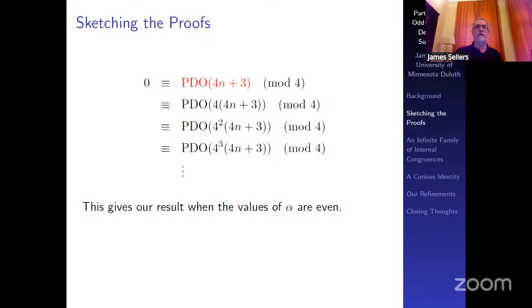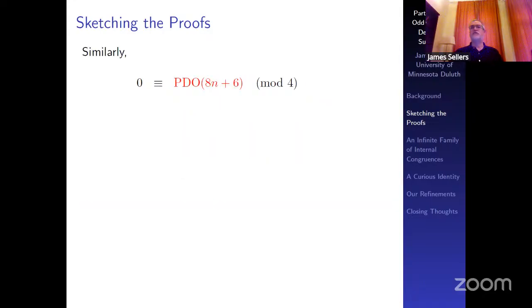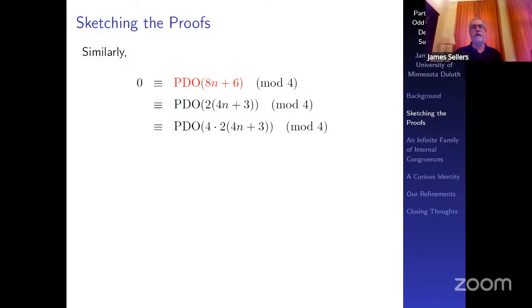Well, how do you handle alpha odd? Well, you start at PDO of 8n plus 6. We've already shown that that's congruent to 0 mod 4. I'm just going to factor out a quick 2 there just so I can see it. And then I know that PDO of that is congruent to PDO of 4 times that mod 4. So I'm going to multiply by a 4.